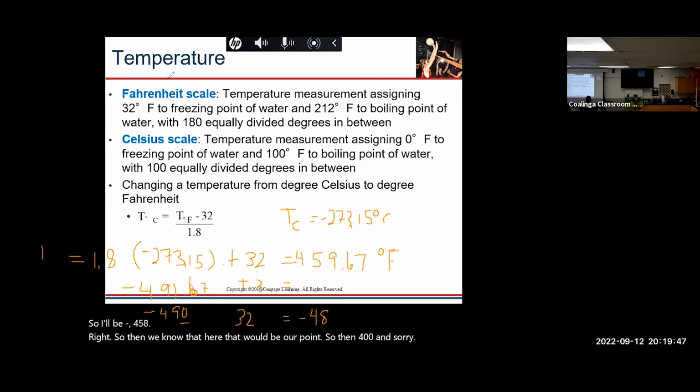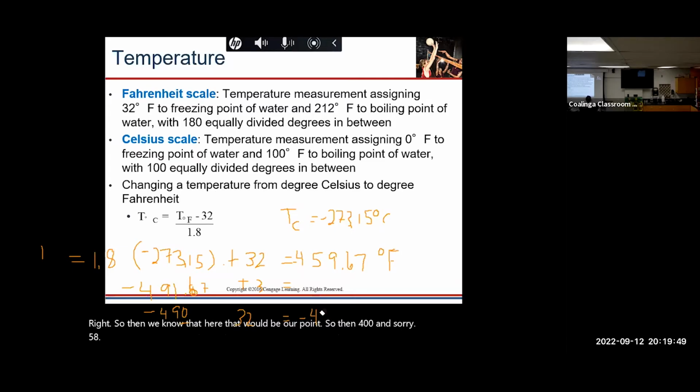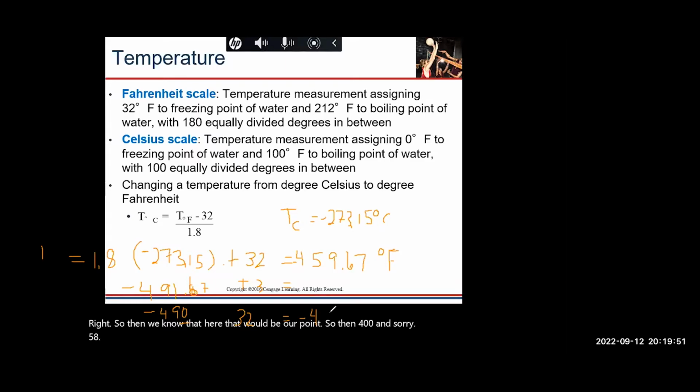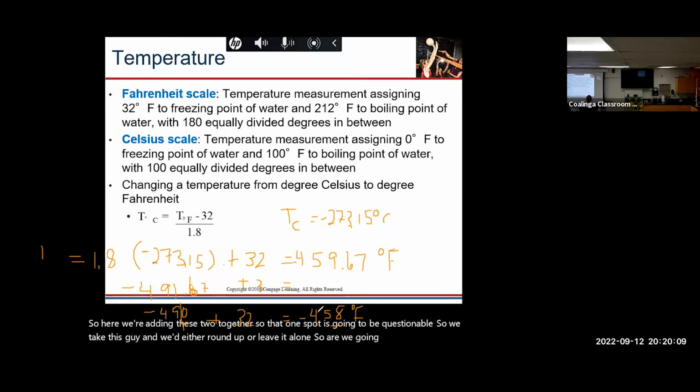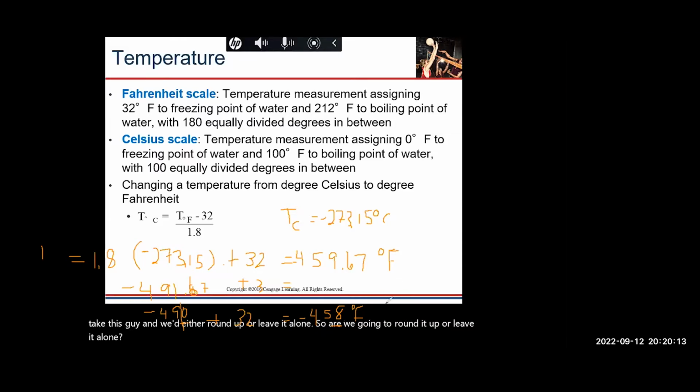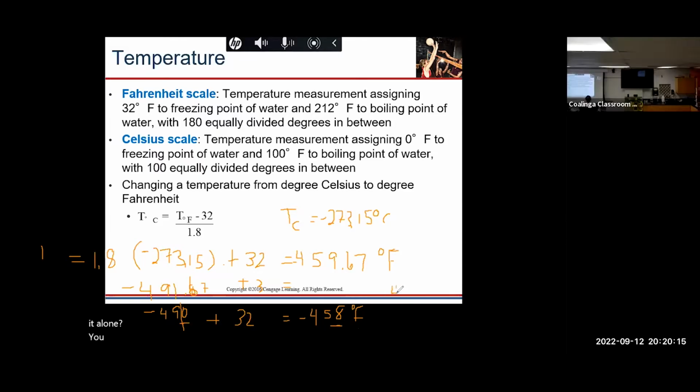Here we're adding these two together, so that one spot is going to be questionable. So we round up, and that would be negative 460 degrees.